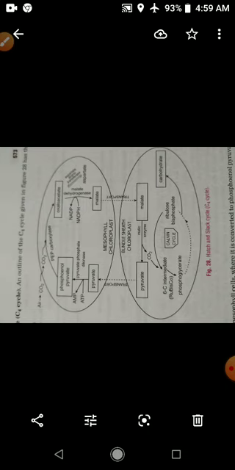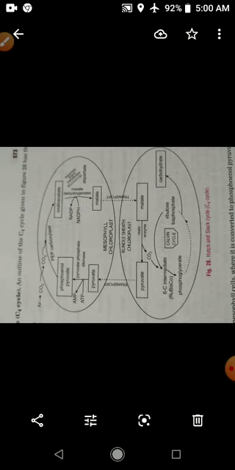So when carbon dioxide is used, the first stable product is oxaloacetic acid or oxaloacetate, that is a 4 carbon dicarboxylic acid. Therefore, it is called the C4 cycle or C4 pathway.